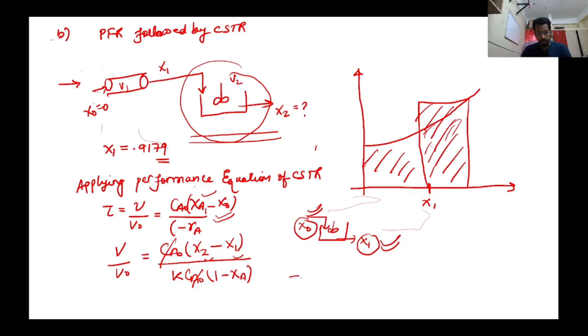We have volume 100 liters upon 20 liters per minute, minute will go up, equal to X2 we have to calculate.